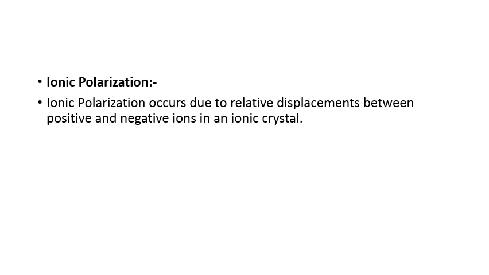Of course, ionic polarization can also contribute to electronic, because all the ions are made up of atoms which have electrons and a nucleus. So the relative displacement between positive and negative may cause ionic polarization.